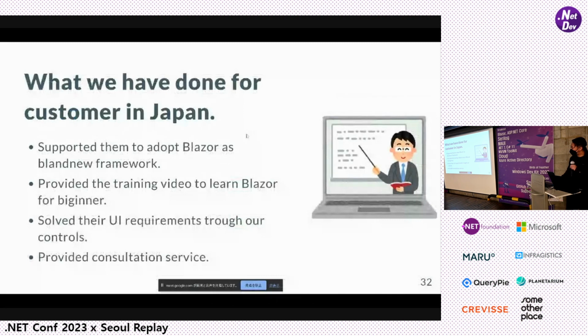In the beginning of the slide, I introduced the common scenario in Japan. So, yeah, just showing what we've done for the customer in Japan. We support the developers in several ways. For example, we supported them to adopt Blazor as a brand new framework, like convincing their manager to decide to select Blazor.